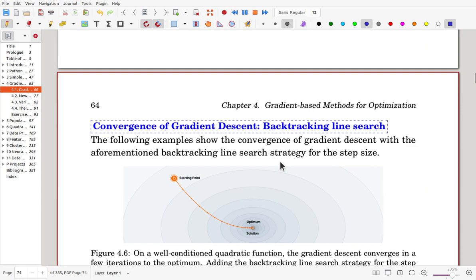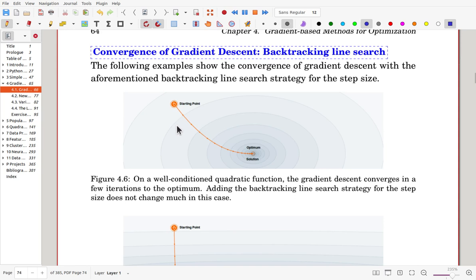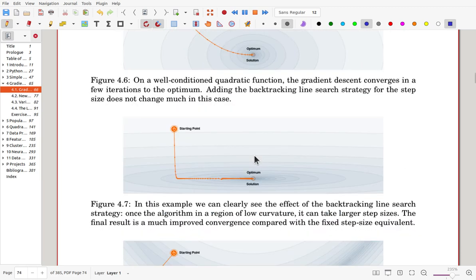Let's see the convergence of the gradient descent algorithm with backtracking line search. For the well-conditioned quadratic function, it is not much changed, almost the same as the constant case. But for the poorly conditioned case, now it is reaching the optimum, and it is a lot improved.